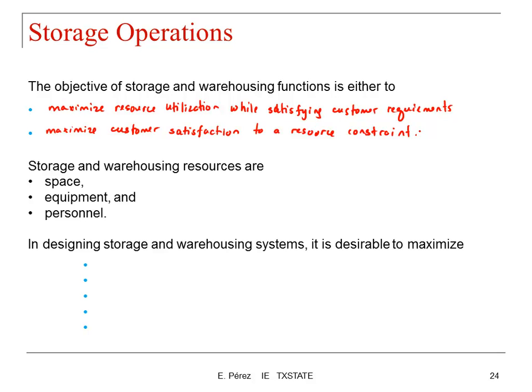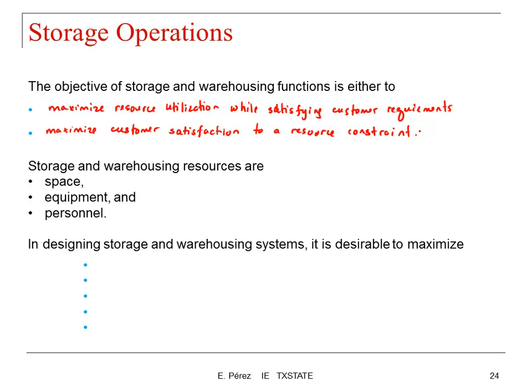That could be your capacity in your warehouse, so you only have this area to work with, so you're going to try to find the best allocation of items based on that area that will maximize the satisfaction of your customer. Meaning that can be measured in terms of the time that it takes for you to send that order to your customer.